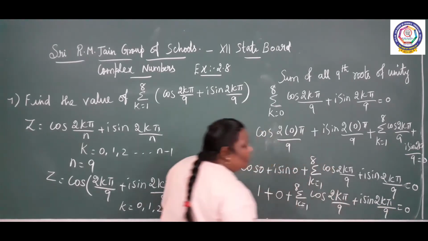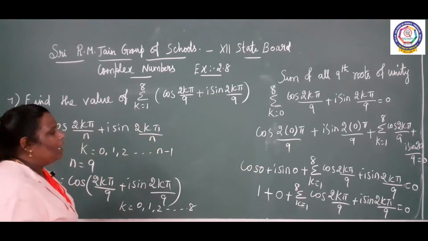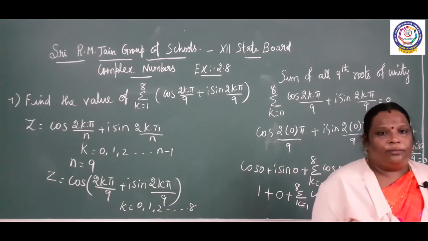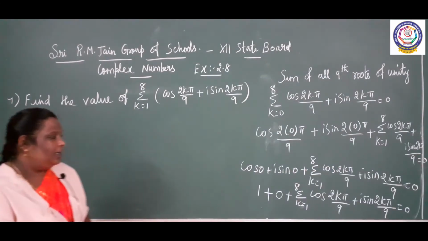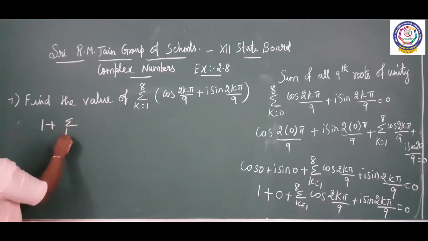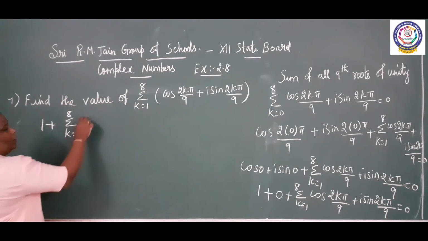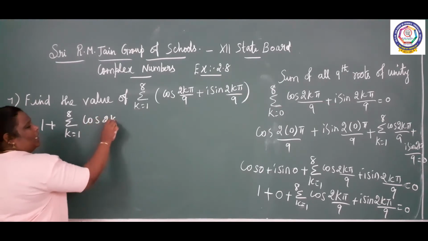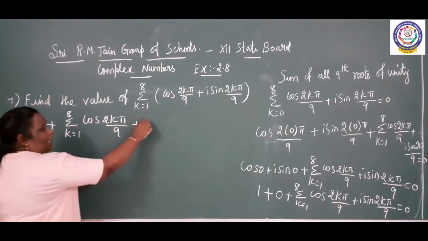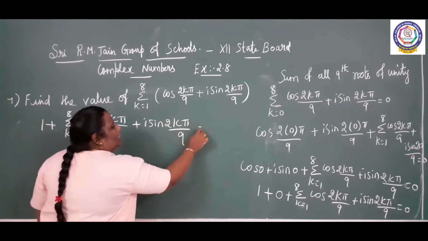You bring 1 to the next side. What is the value we are getting now? 1 plus sigma k equal to 1 to 8 cos of 2k pi by 9 plus i sine of 2k pi by 9 equal to 0.